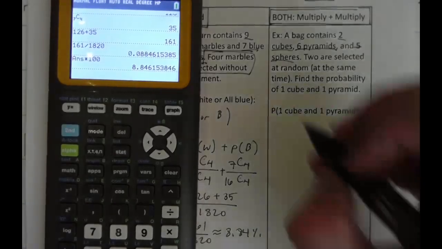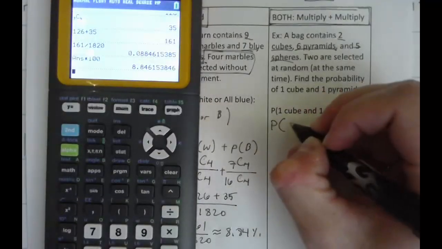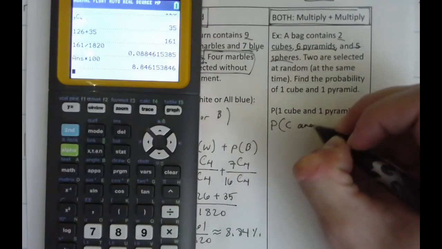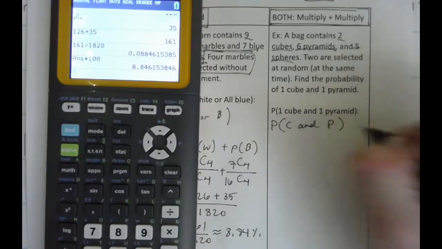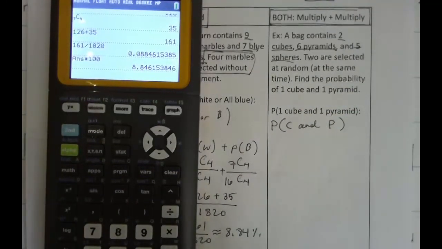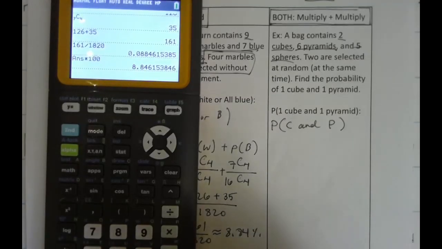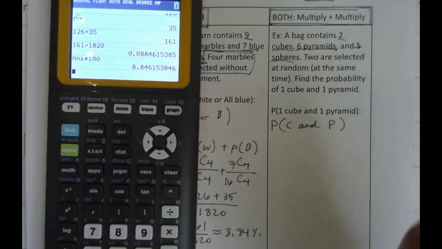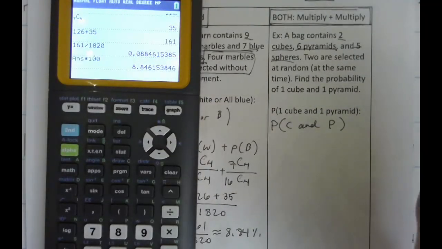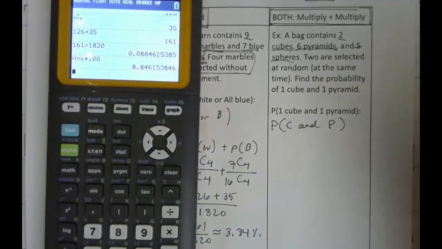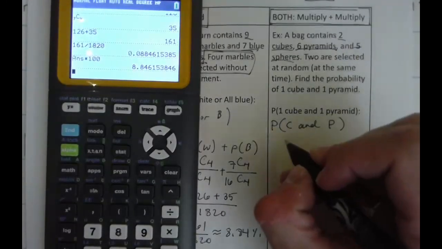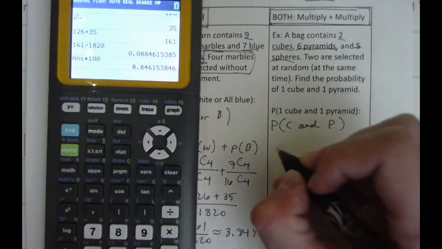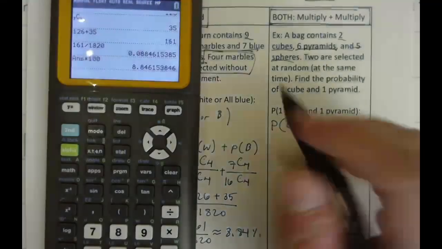Well, the probability you get a cube and the probability you get a pyramid. Alrighty. This is like saying, let's see, you could think of it like you're drawing them at the same time, right?